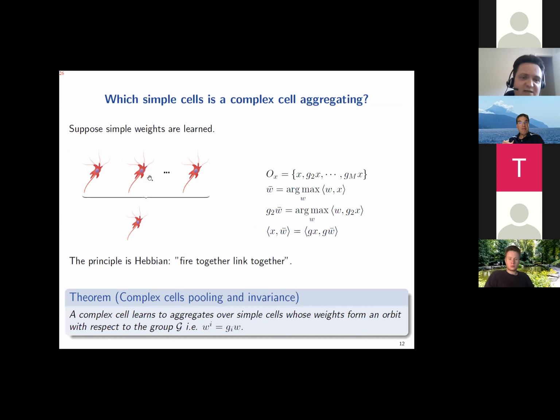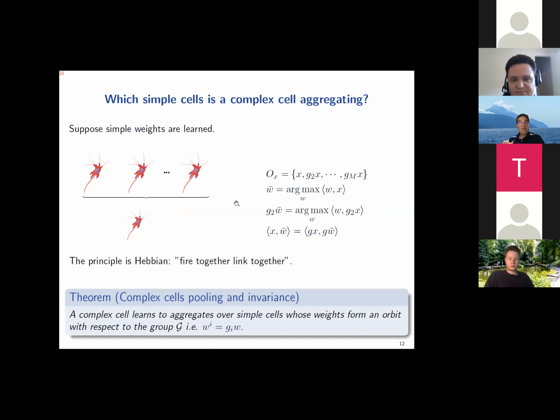So the idea is that under a stimulus, which I take to be just an orbit of another stimulus X, sticking to the hypothesis, the cells that fire most under this bunch of stimuli will be the ones that are pooled by the complex cell.